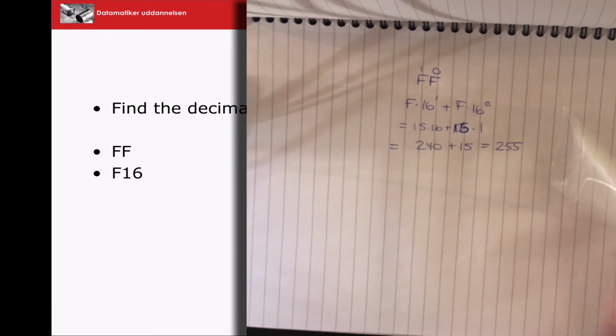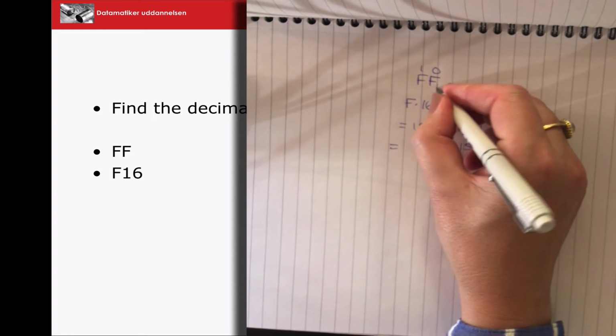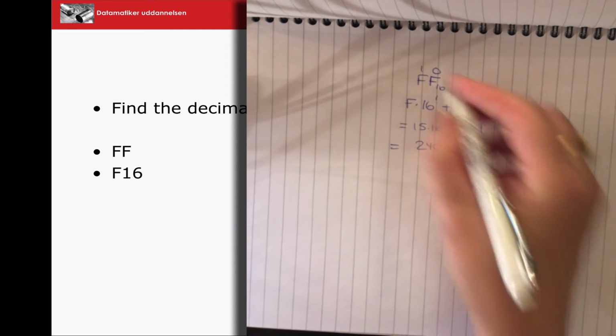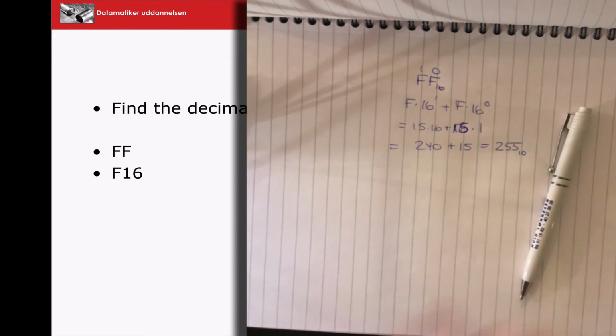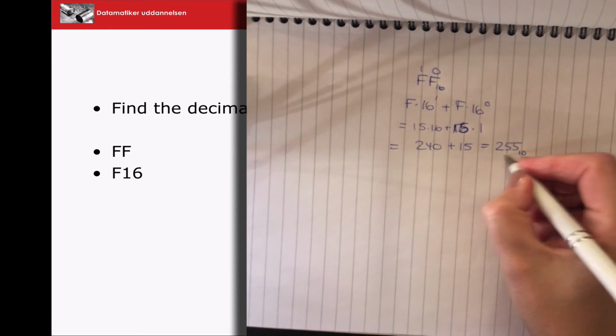So here, FF in hexadecimal, small 16 on the bottom indicates hexadecimal, is the same as 255 in decimal numbers.